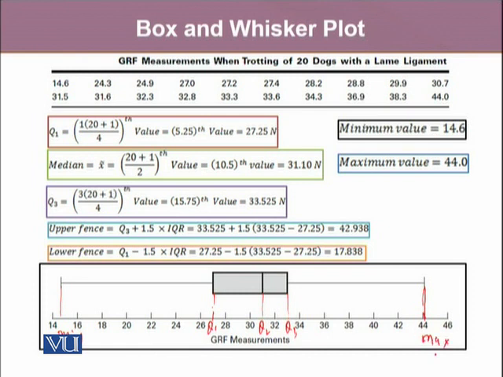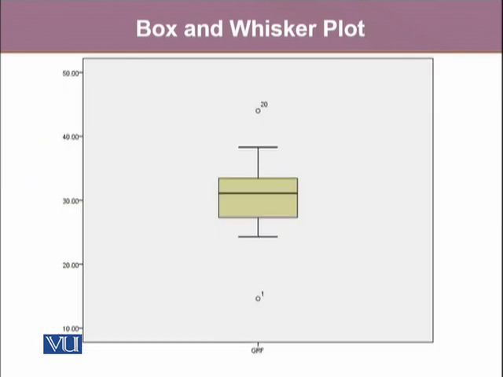This is what happens when we draw a box plot manually. But most of the time, when we take software-generated plots, they do calculate the upper fence and the lower fence.